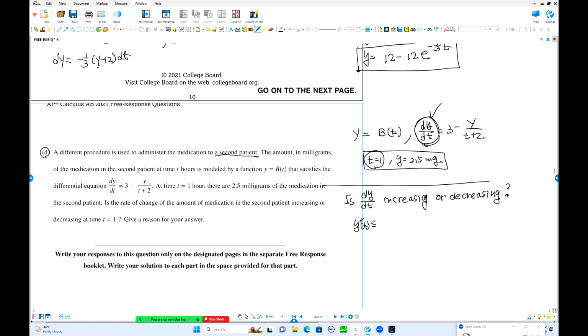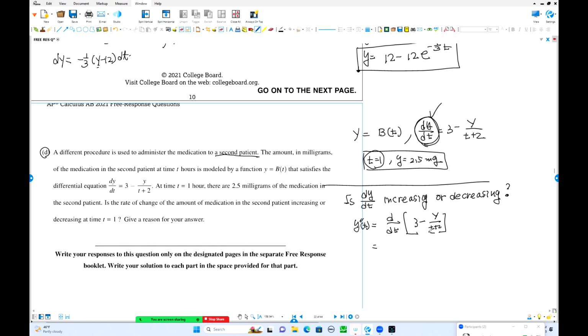Now take a look at the second derivative. The first derivative is 3 minus y over t plus 2, right? We take a derivative again. Derivative of the constant is 0, okay?